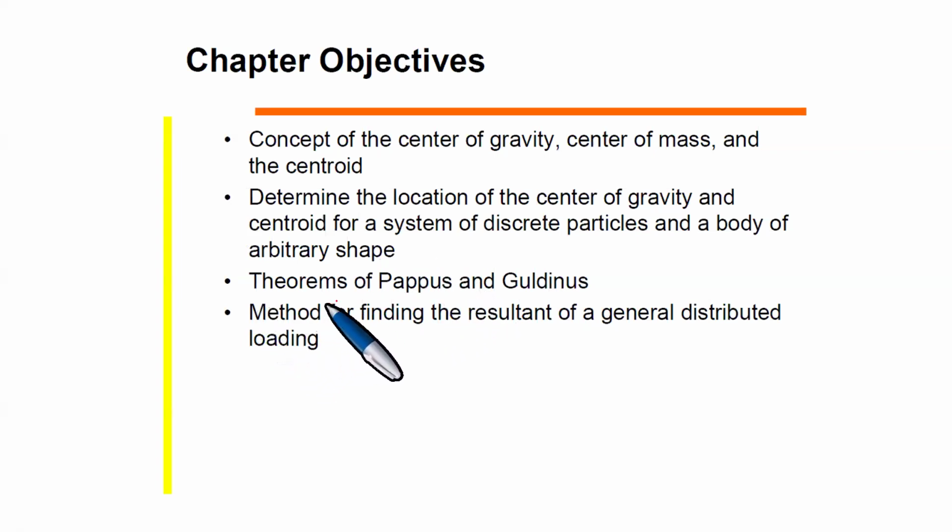We shall look at the theorems of Pappus and Guldinus. Method for finding the resultant of a general distributed loading. So these are the actual chapter objectives that we need to focus on.